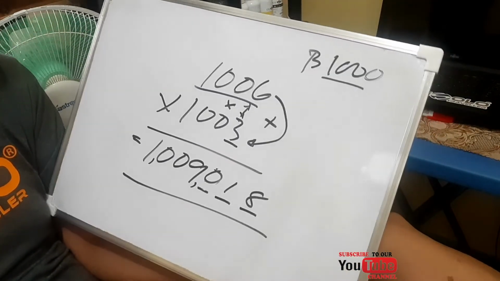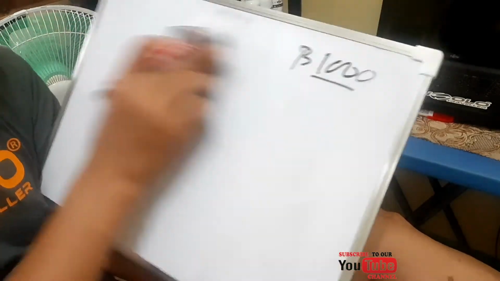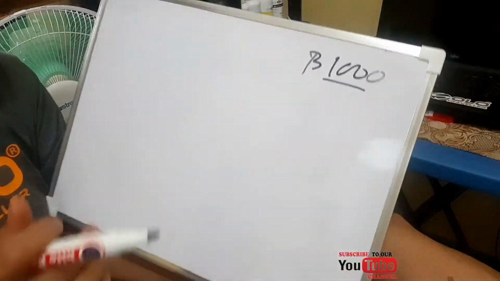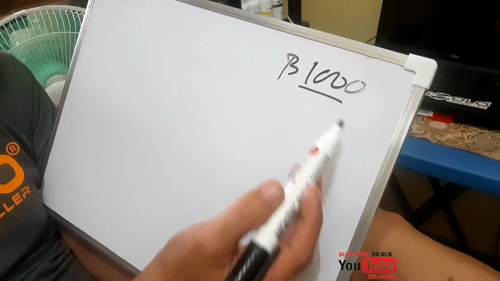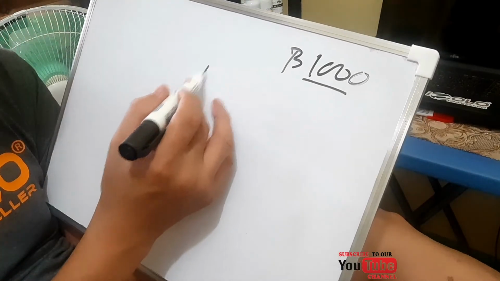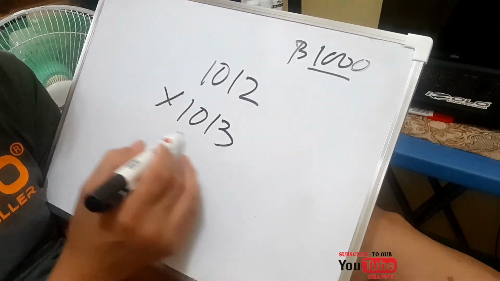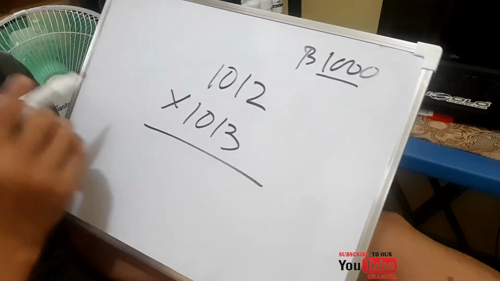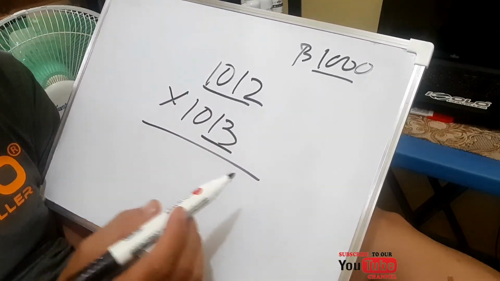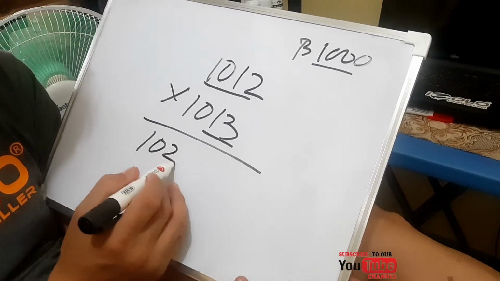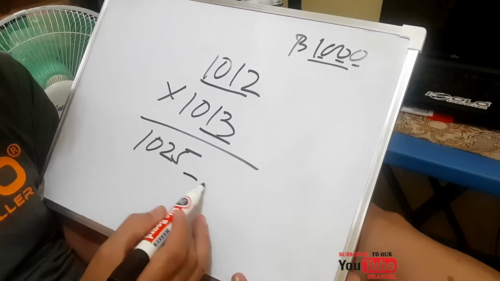See, in just one line, we managed to answer this monstrous multiplication in just a few seconds. One last example, because this video is taking longer than it should. So this is one last example using base 1000. 1012 times 1013. Add this number to 13. 1012 plus 13 is 1025. Since we have 3 zeros in our base 1000, add 3 spaces here.